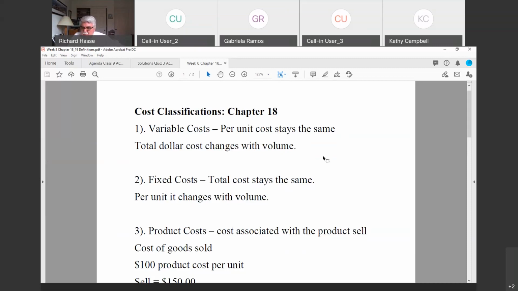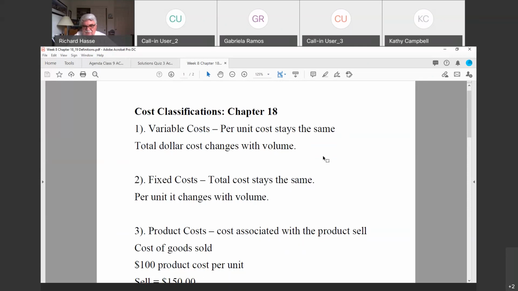But if I produce 20 units, then my total cost is $200. That's the perfect definition of a variable cost. Per unit, it stays at $10. But if volume increases or decreases, the total dollars expended are going to change. That's the nature of a variable cost.